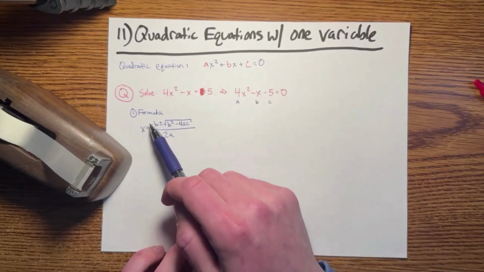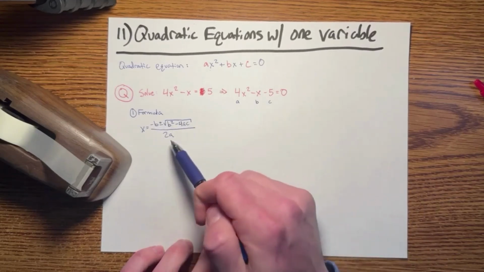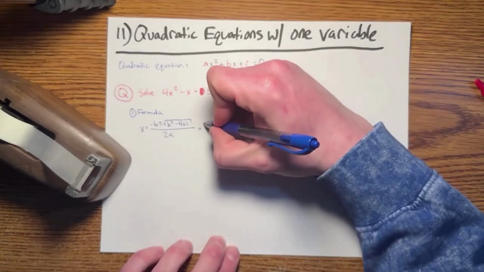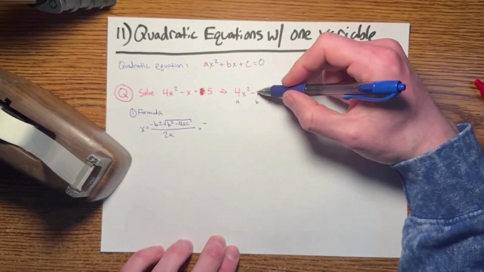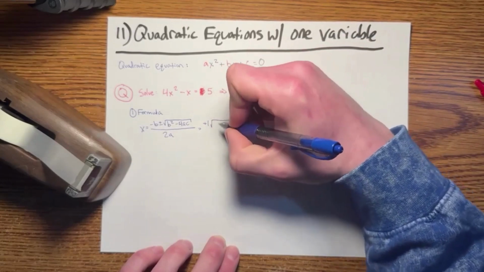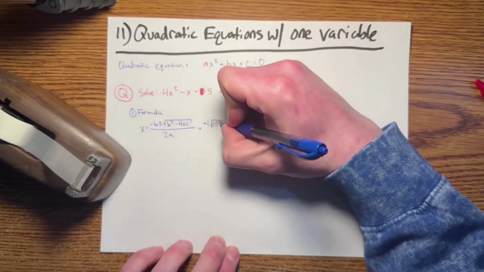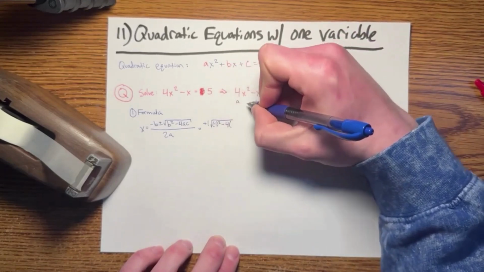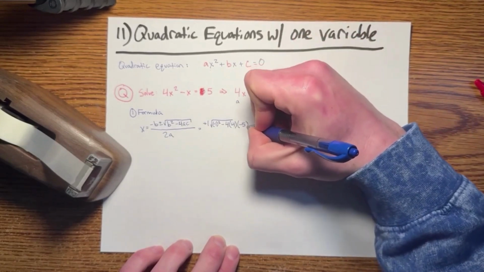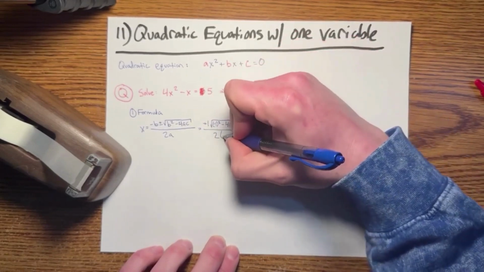First way to solve this problem is simply using the formula, which can look a little bit intimidating, but simply you'll plug in all of the numbers and follow through to solve. So let's do that. For -b, we'll have negative times -1, so that ends up being +1, plus or minus the square root of b squared, so -1 squared, minus 4 times a, which is 4, times c, which is -5, divided by 2 times 4.